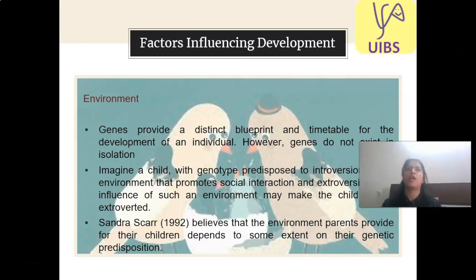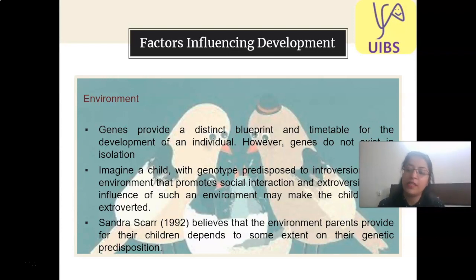But if the child is in an environment with a very healthy lifestyle, and is able to manage his entire life cycle in a way which promotes health, that predisposition may not actually happen. So he may or may not get diabetes. Anyways, there's a certain percentage only that gets transmitted.